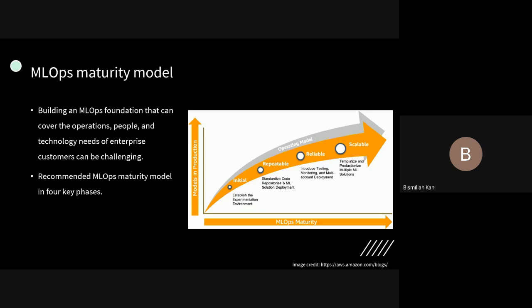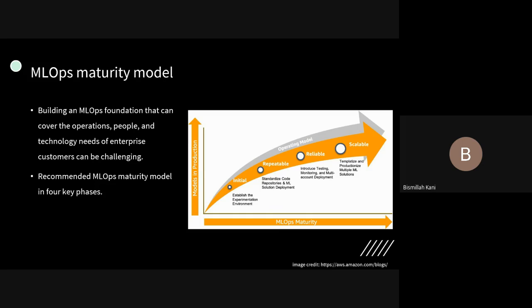We need a person who understands the 360 degrees of both model building and training and also these operational practices. And AWS, or in general, they recommend that building an MLOps foundation in an enterprise, which covers these operations, people, and technology, could be very challenging to make work for you.